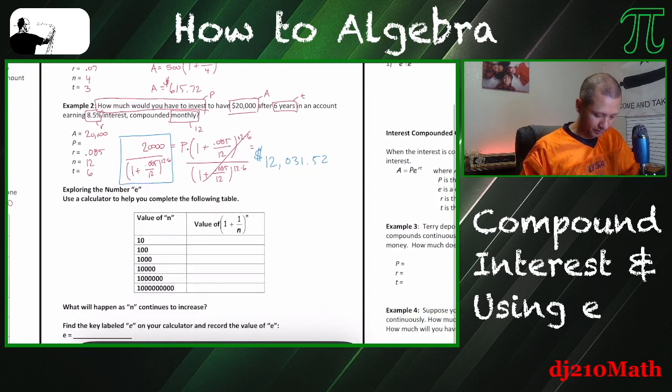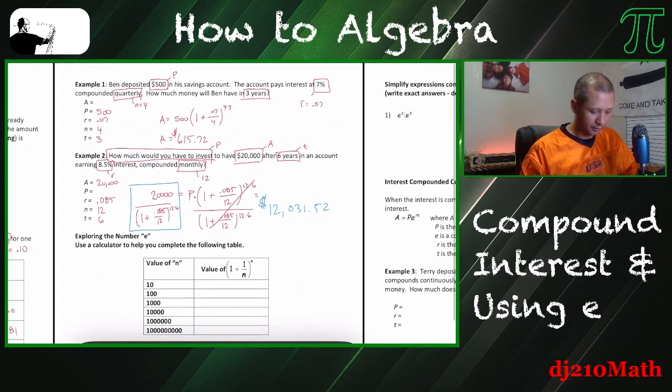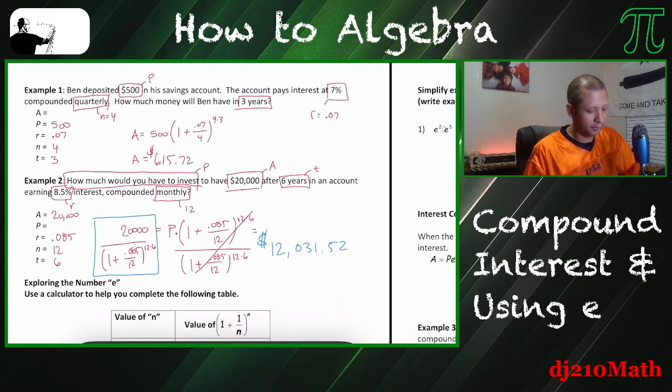Okay. So those are the two examples, right? Either you're looking for the future amount, or you're given the future amount and you need to figure out the beginning amount. These are the two scenario types that you're going to get.